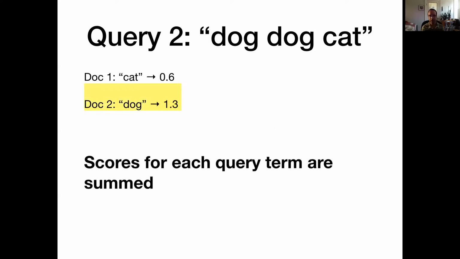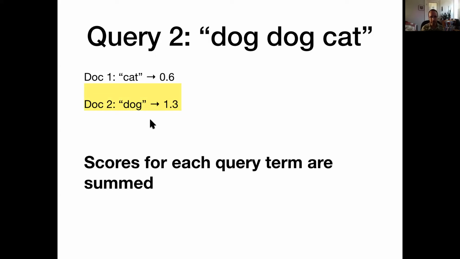In fact, in the simple setup that we looked at before, where we're just using the standard analyzer and a simple match query type, the dog document comes up first. And the lesson here is that when we're computing the score for a document, we do that by finding the score for each query term, and then we sum those scores.